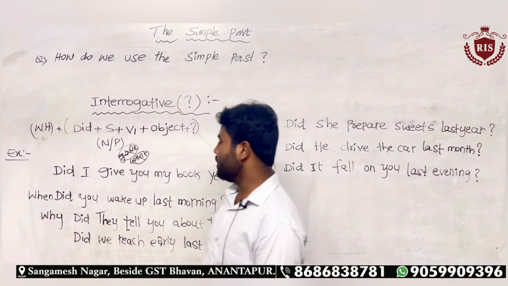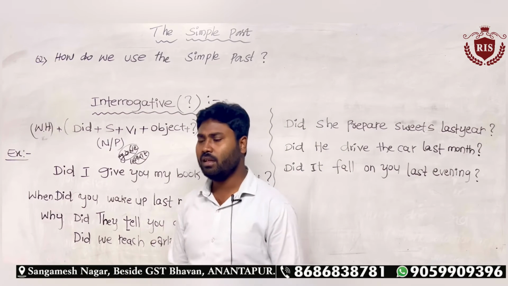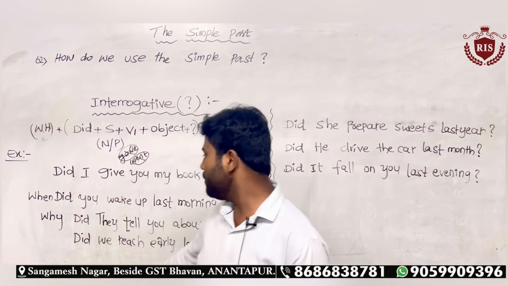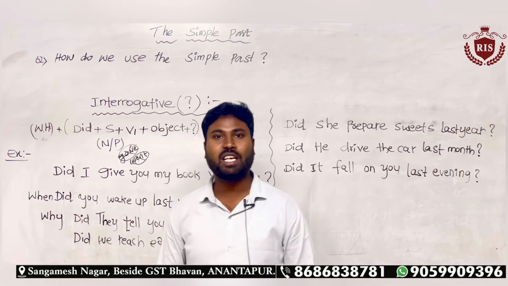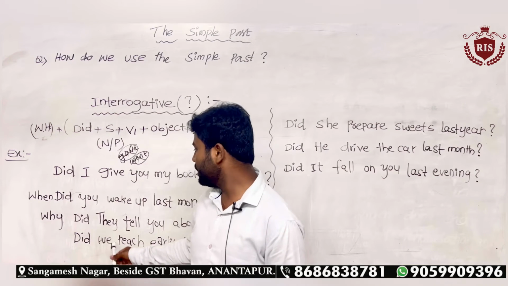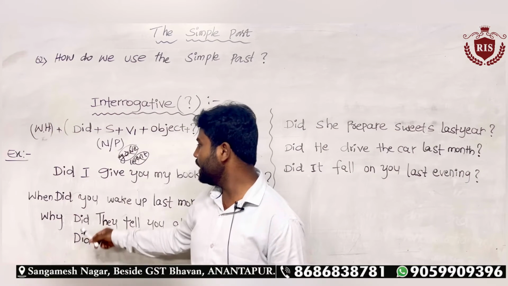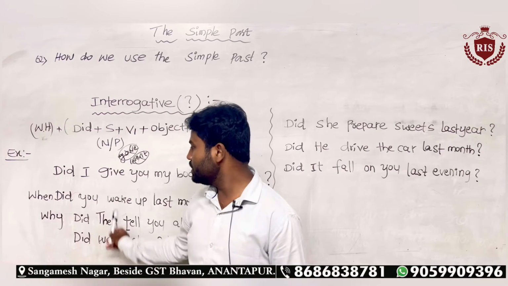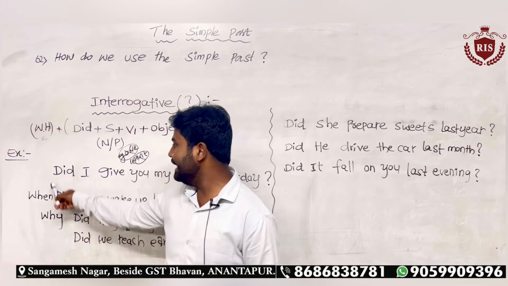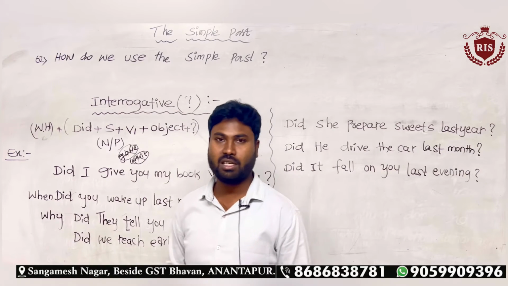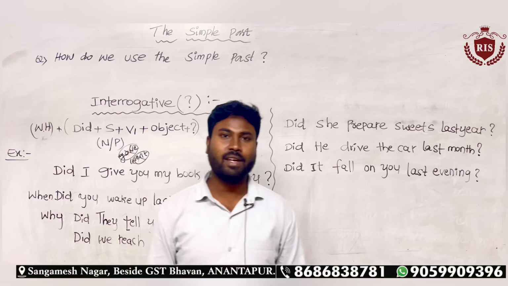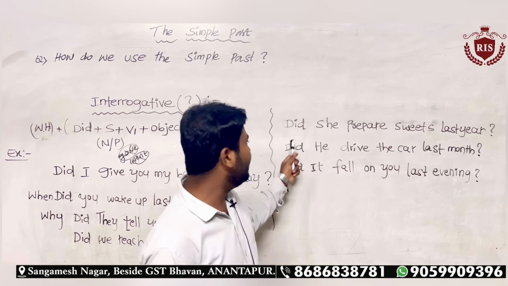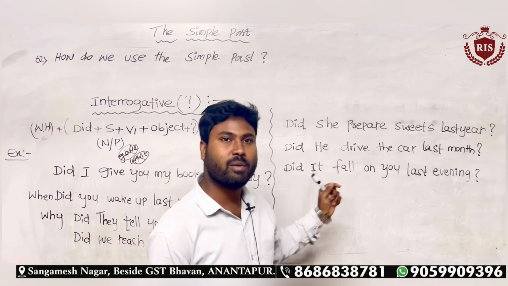Have you understood? Even in the interrogative forms we use the same auxiliary for the pronouns he, she, it. For the pronouns I, you, we and they, for all these four pronouns we used only the did auxiliary to frame the question. Even for the rest of the pronouns he, she, it also we use only the did auxiliary to frame the question.